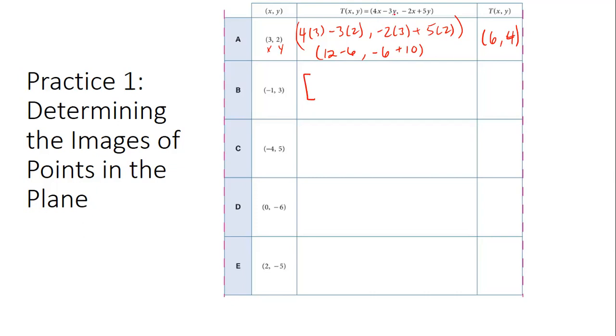How would I write 4x minus 3y, comma, negative 2x plus 5y in matrix form? I write 4, negative 3, and then negative 2, 5. In the next matrix, the smaller 2 by 1 matrix, that's where you write your x and your y. And what is our x and our y? Our x and y is negative 1 and 3.